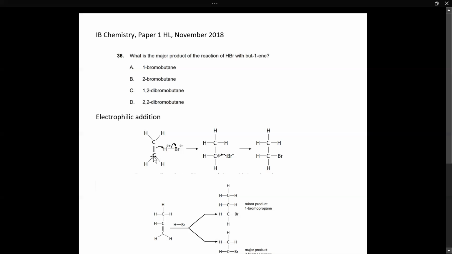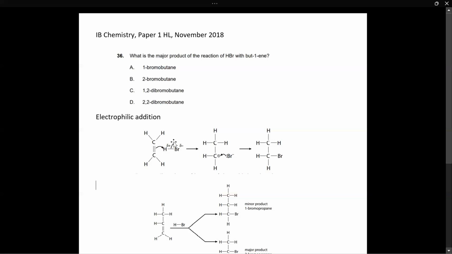And please do not make the mistake of drawing the arrow from either one of the carbon atoms. That is wrong. The electron density region is not the carbons. It is this double bond over here. This double bond is what's going to donate a pair of electrons to this hydrogen to bond with it, not the carbons. So please make sure you remember that.